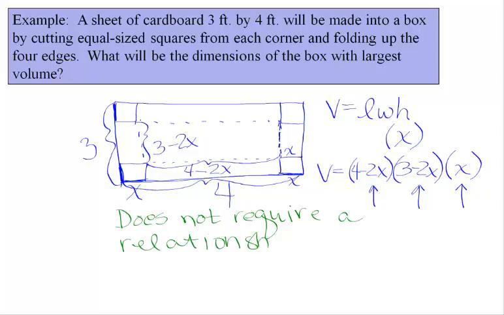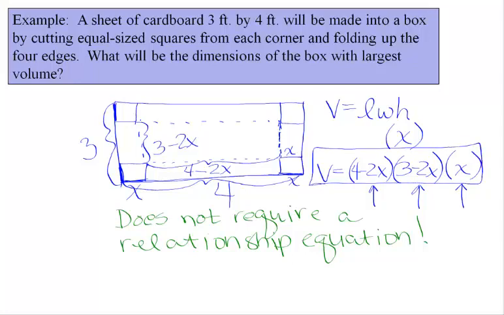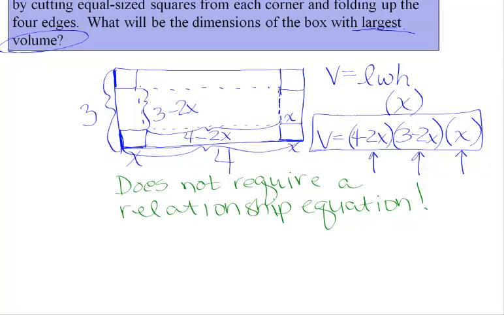The only thing I use the relationship equation for is to put the optimization equation in terms of one variable. I'm already there. My optimization, what they're asking me to maximize or minimize is volume of this box. And they want the maximum, that's what largest means, they want the maximum volume. So the rest of the process is find V prime.